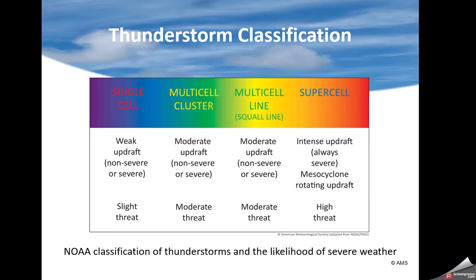And supercells are the most intense. They are where your tornado threat occurs, your risk of hail increases. These can make probably 3,000, 4,000 CAPE and wind shear of 50 to 70 knots. All of that coming together with some strong lift to produce these.